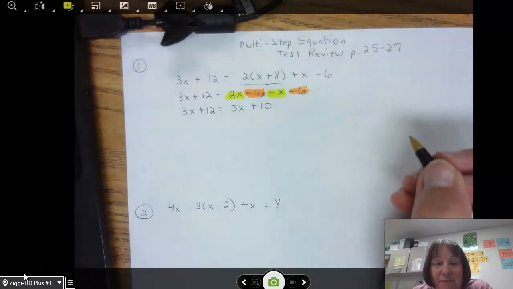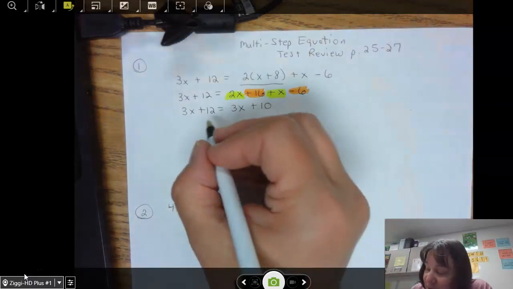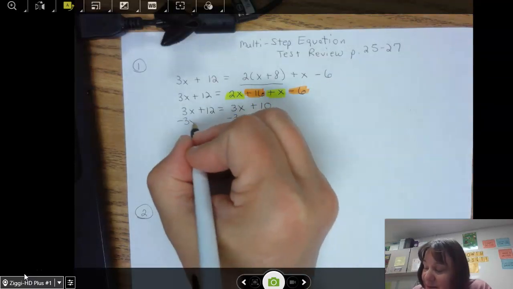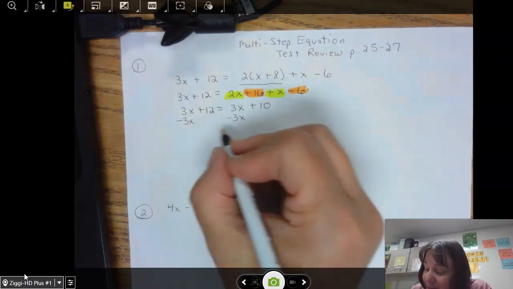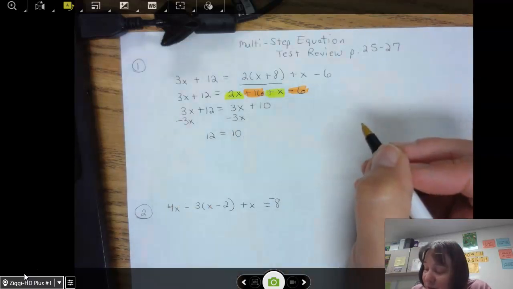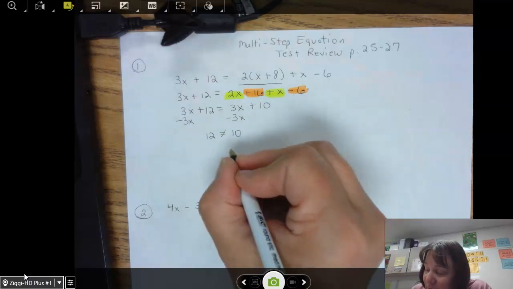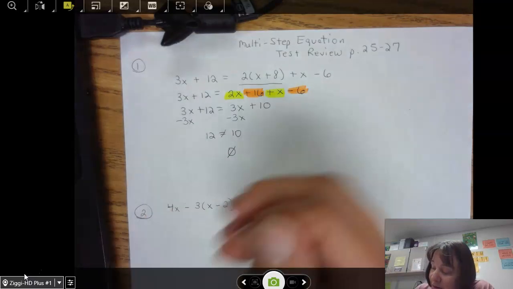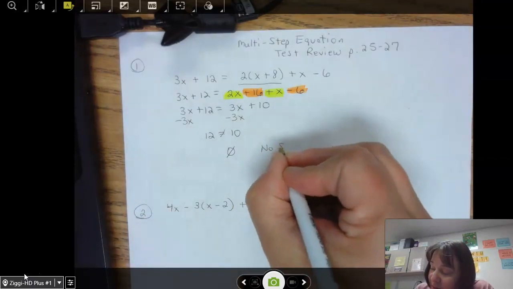Okay, so now I'm going to go ahead and take away 3x. Well, if I take away 3x on both sides, that leaves me with 12 equals 10. This is never going to be true, so I know my solution set is null, or there is no solution to this problem.